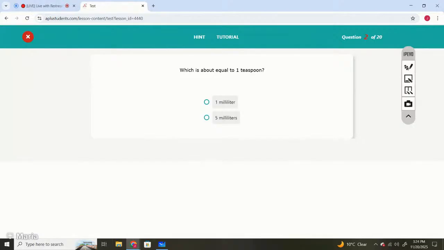Which is about equal to 1 teaspoon? 1 teaspoon is equal to 5 milliliters. Option number 2 is the correct option.